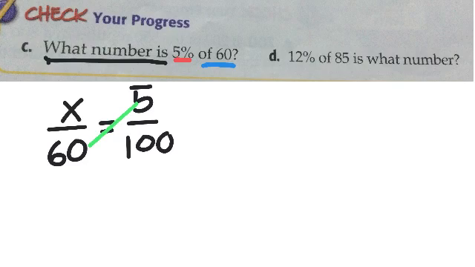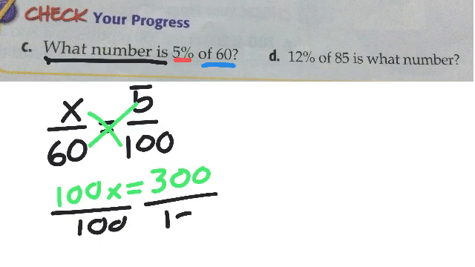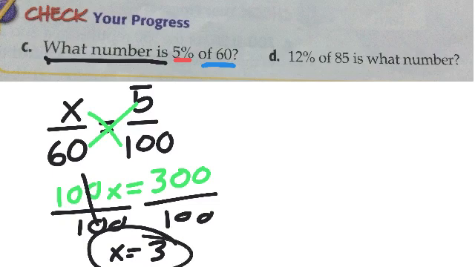Fraction equal to a fraction, cross multiply. 100 times x is 100x. 60 times 5 is 300. Now x is being multiplied by 100. So I would divide by 100 on both sides. And that tells me x equals 3. So my number 3 is 5% of 60.